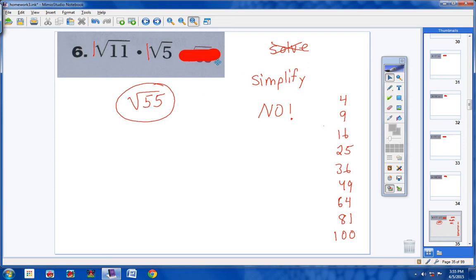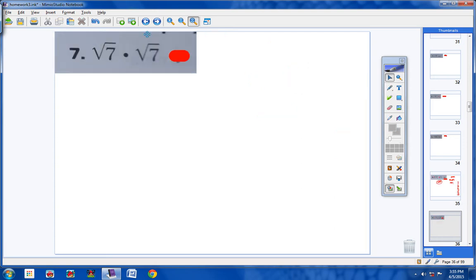You cannot simplify it. Number 7. Okay, here we go. Let's multiply. Well, there's no numbers on the outside. Multiply inside number times inside number, and you get 49. Now, guys, this is a perfect square, so there's no need to use these numbers to simplify. Think about it.